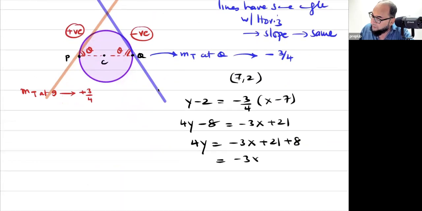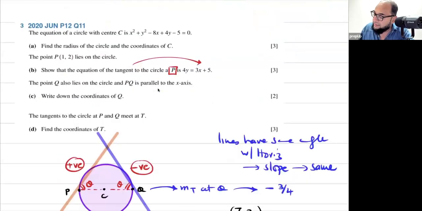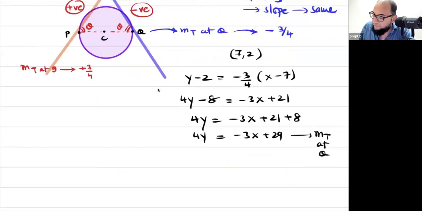Therefore, negative 3x plus 29 is 4y. This is the tangent at Q. And 4y equals 3x plus 5 is the tangent at P.